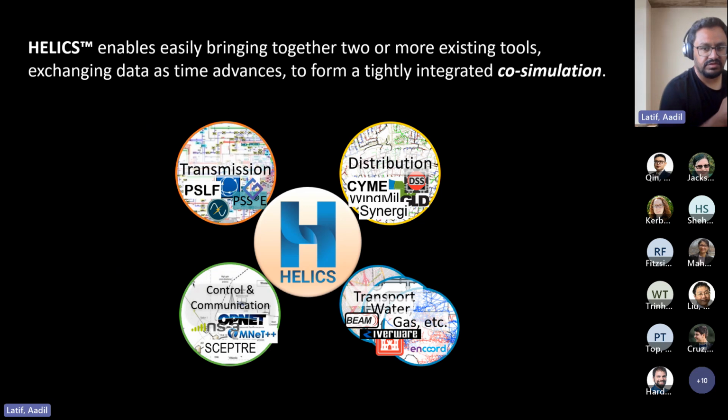So you can have both the transmission system modeled in full fidelity, you can have the complete distribution system modeled in full fidelity. You can see the interaction between these tools. You can exchange information as the simulation is running, and I'll talk about that in a minute.